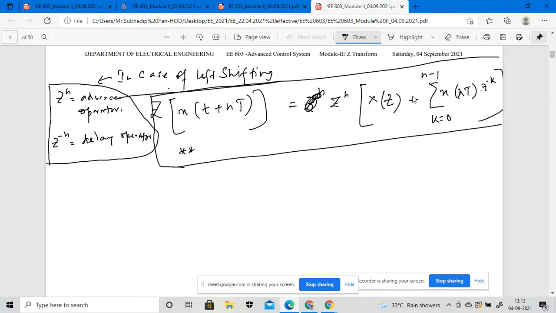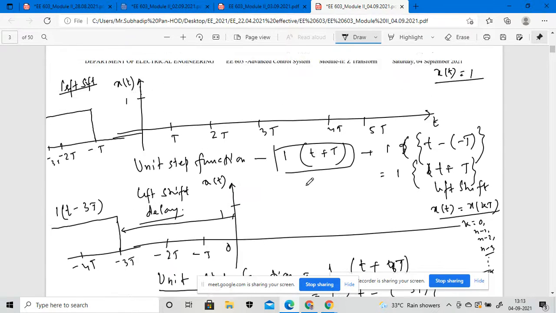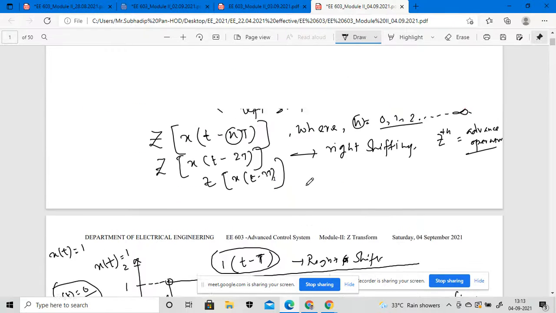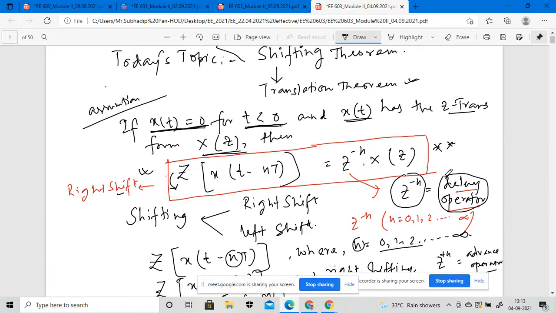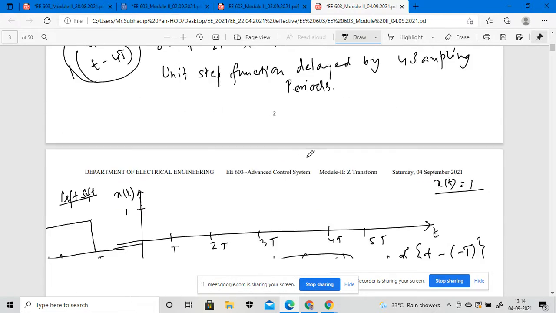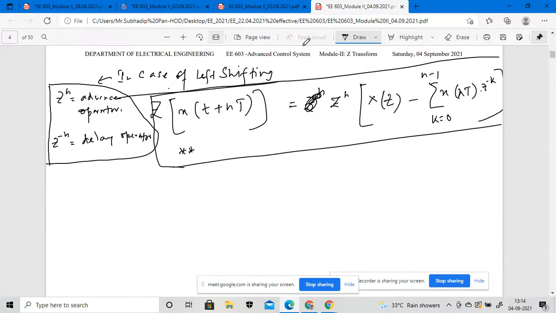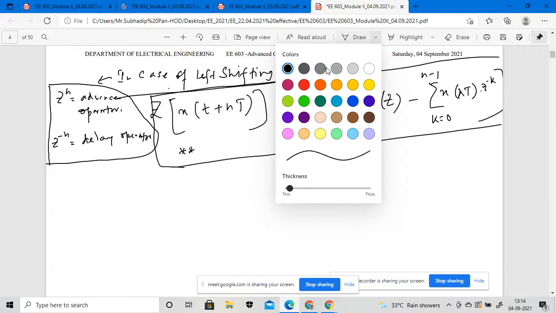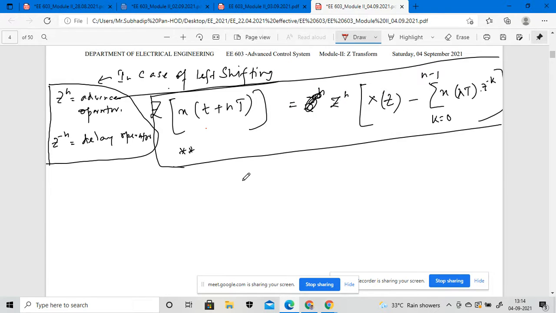This particular equation will be for the time delay. This particular equation will be for my time delay, and this particular equation will be considered as a time advance.